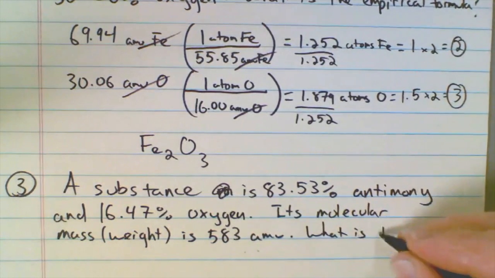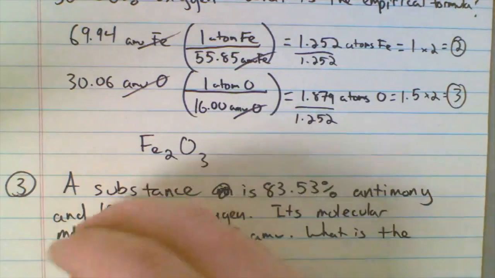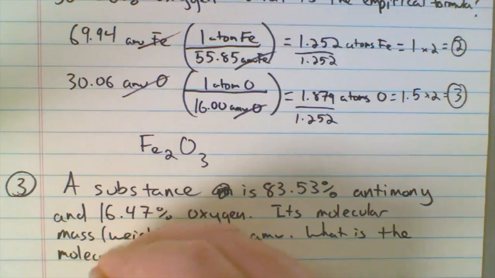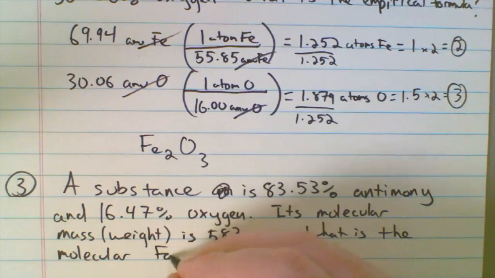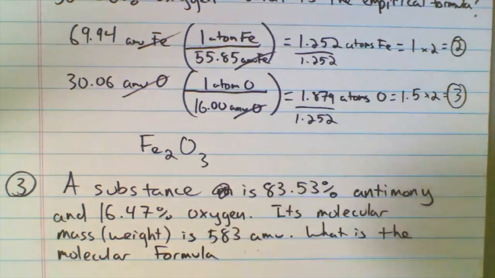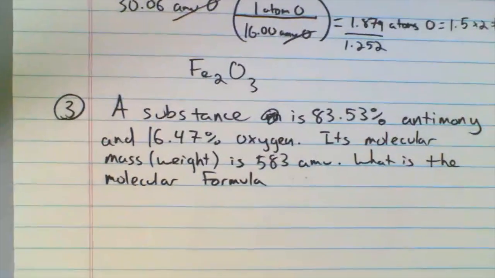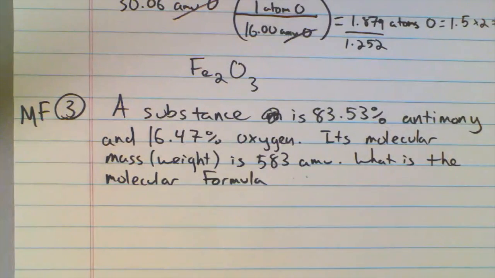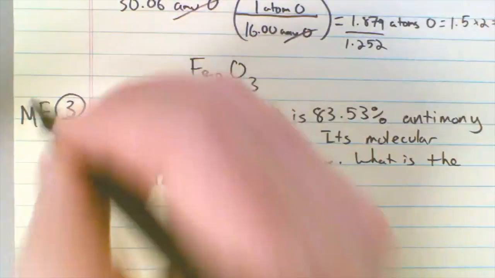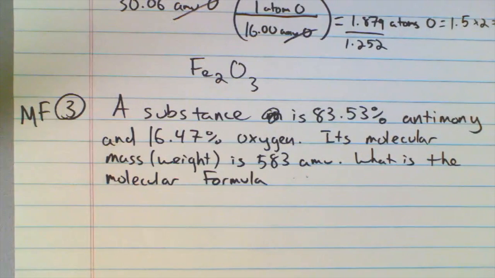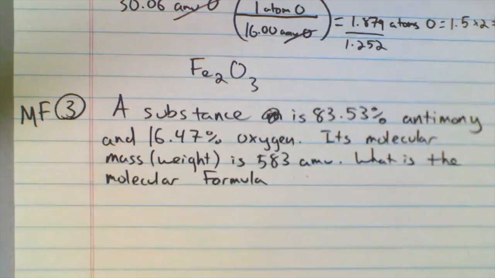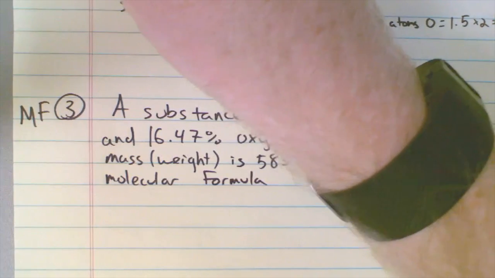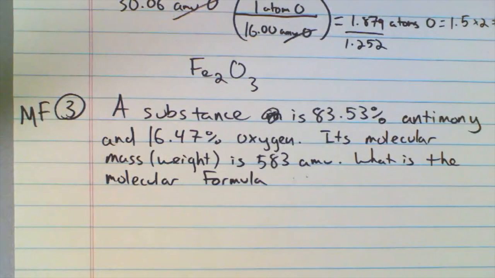What is the molecular formula? So this one's going to be a molecular formula problem. Just a little note here, so that when you look back at your notes later, you can say, oh, that's a molecular formula right away. This one's empirical.